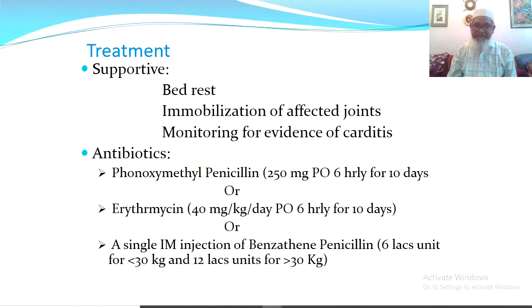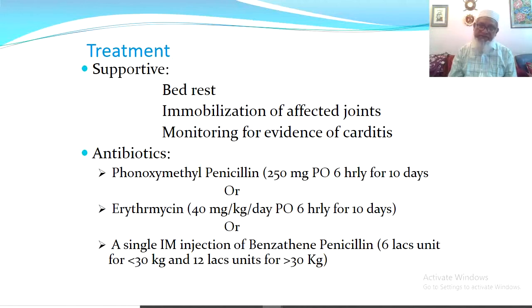And antibiotics. One antibiotic is important for the treatment and for the prevention of rheumatic fever. That is penicillin. You can give either oral penicillin or injectable penicillin. The oral penicillin, phenoxymethyl penicillin, 250 mg per oral 6 hourly for 10 days.